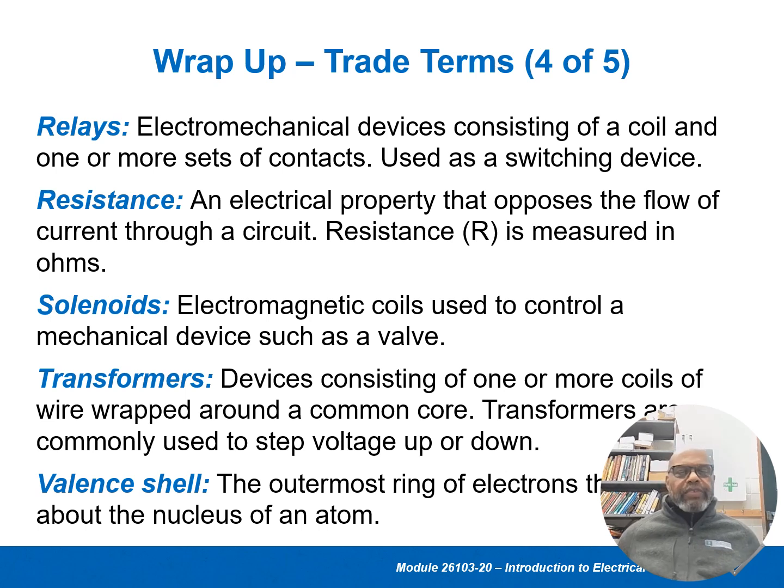A solenoid is very similar to a relay. The difference between a relay and a solenoid is that a solenoid does mechanical work, but it has electric action to cause it to open and close. It's a valve that will open and close electronically.